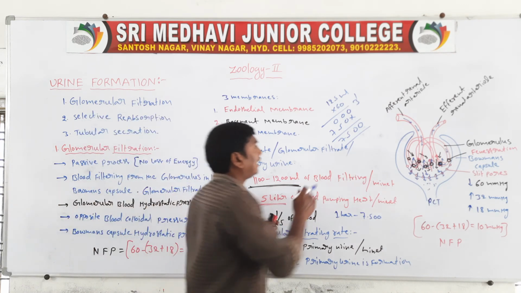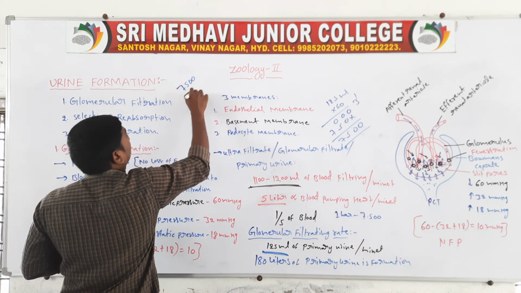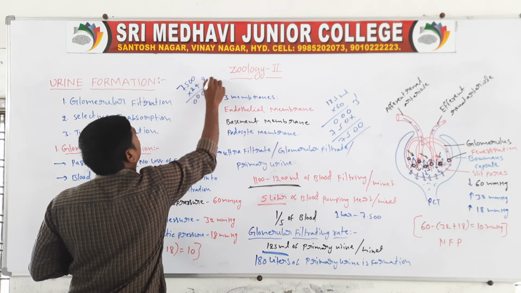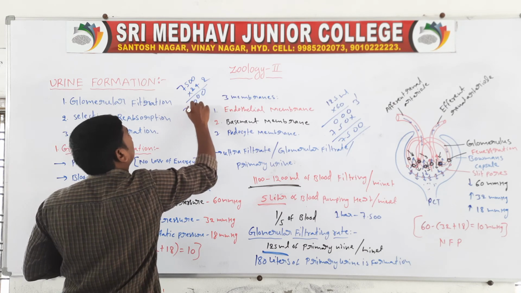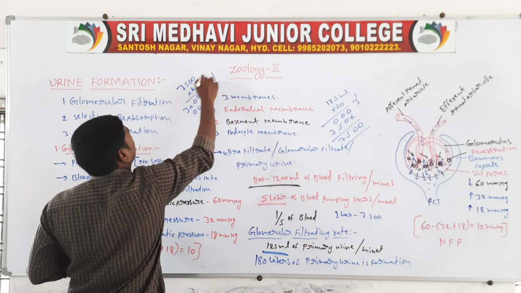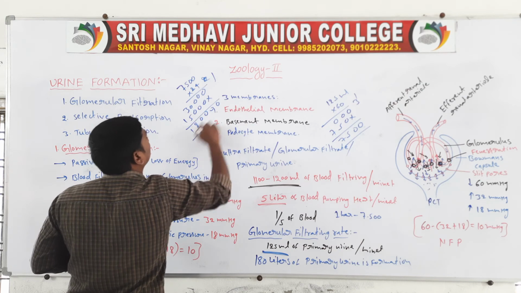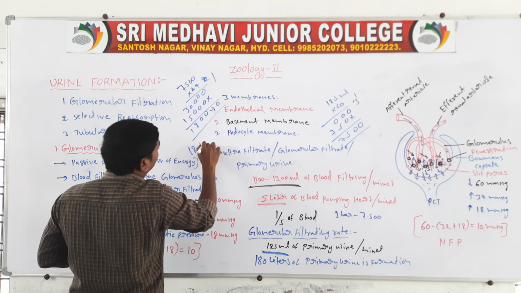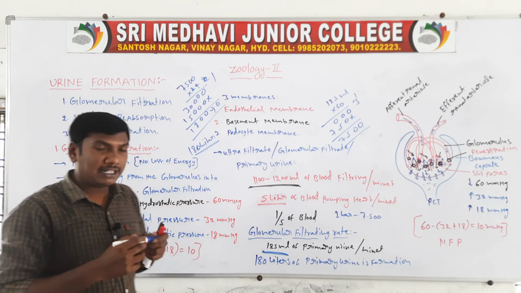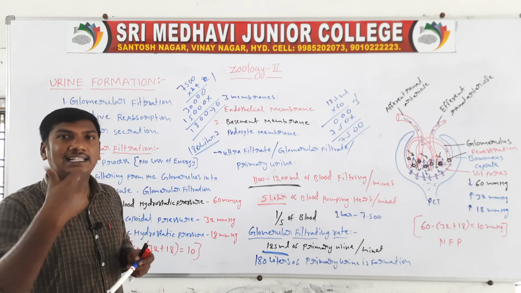Multiplied by 24 hours, that is totally 180 liters per day in a healthy individual's body.